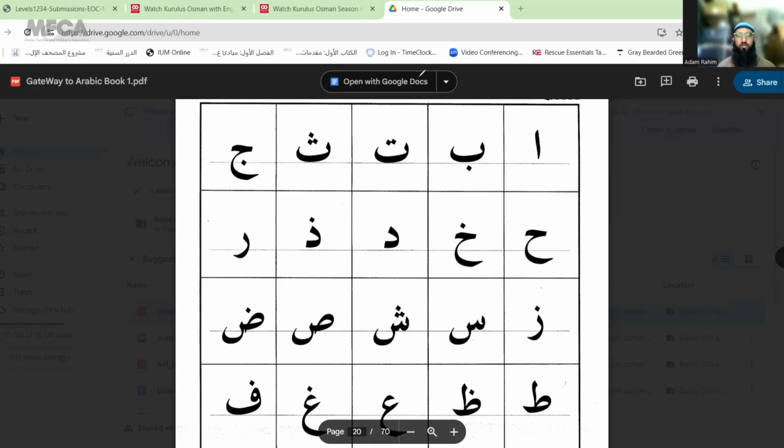Brother Sharif, can you please tell us what letter this is? Sheen. Ahsanta. Brother Sayyid, can you please tell us what letter this is?